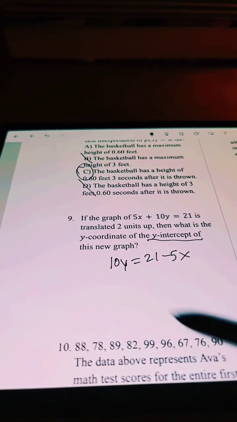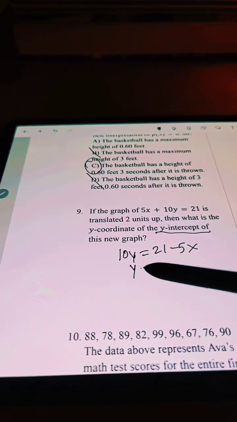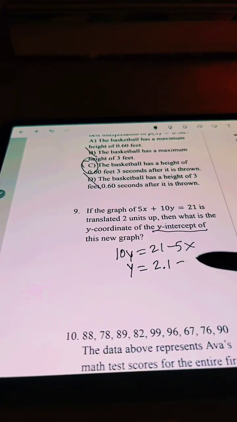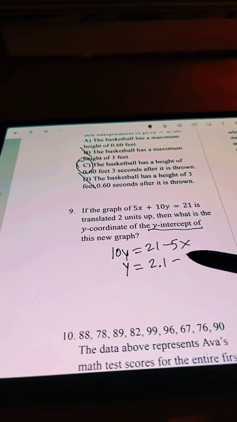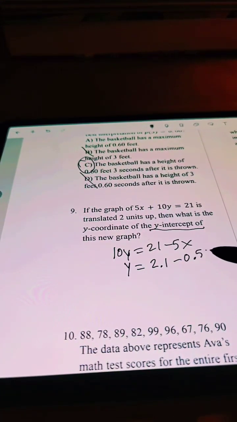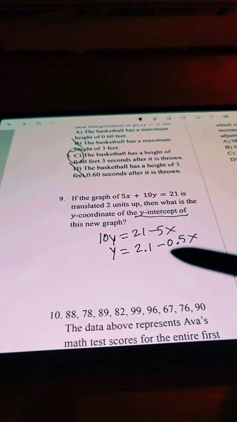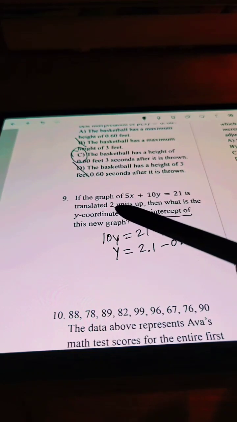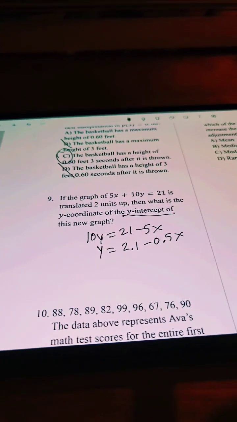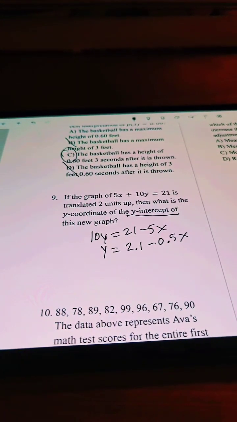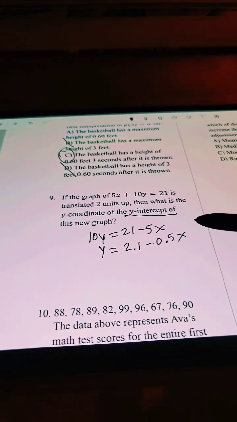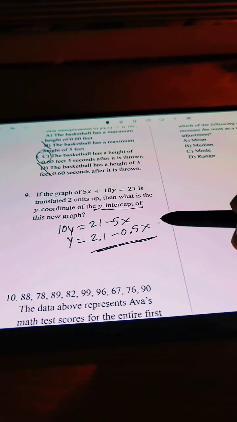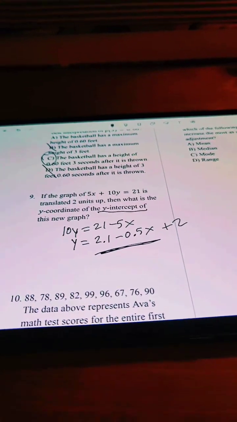Then I divide by 10 on each side to get y by itself, so I have 21 over 10, which is 2.1, minus 5x divided by 10, which is minus 0.5x. If this is my original graph and I go 2 units up, to make a graph go 2 units up you just add 2 to the entire function.